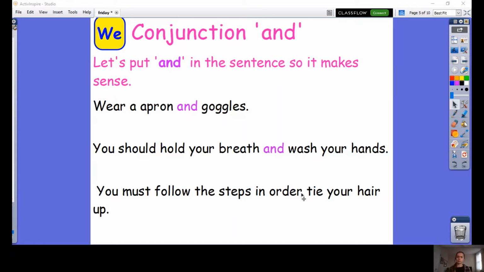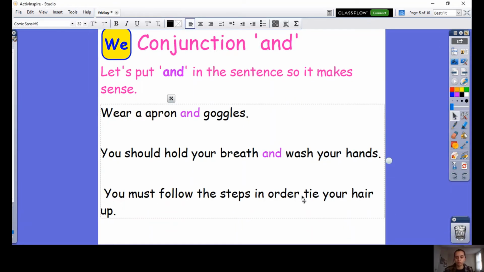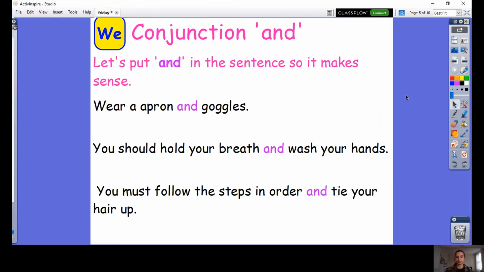So first I need to spot my first key tip. Follow the steps in order. Then I need to put in my conjunction "and". So then my other key tip, tie your hair up, can go at the end. So I'm going to add my conjunction "and" after order because that is my first key tip. Well done for getting that one correct.